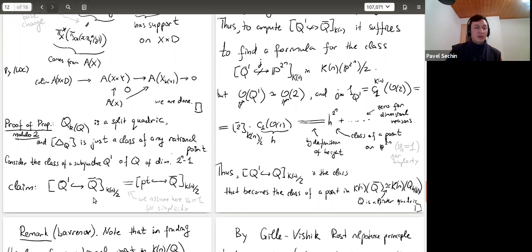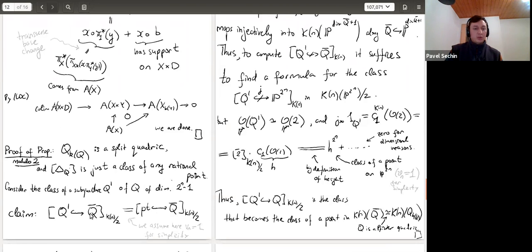The claim is that it's very easy to write this class down. This is just the class of a subquadric Q' of Q of dimension 2^n minus 1. Let me explain why that is. Before I do, note that here we assume for simplicity that I've sent this variable v_n to 1, otherwise you have to write v_n to the power minus 1 here in order for degrees to be equal.